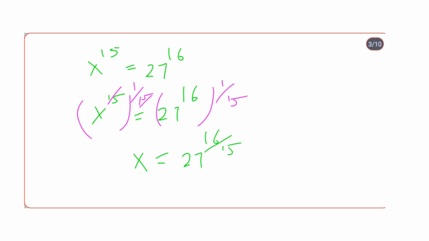This 27 we can write as 3 power 3, so x is equal to (3 power 3) whole power 16 by 15. 3 fives are 15, so x is equal to 3 power 16 by 5.